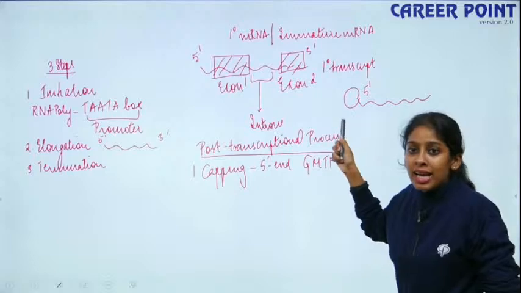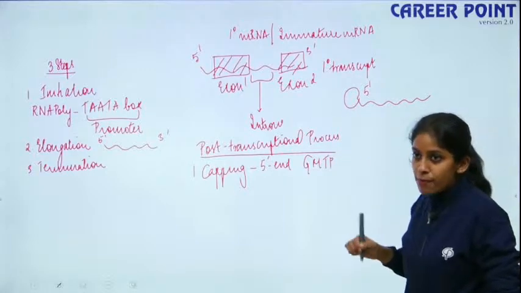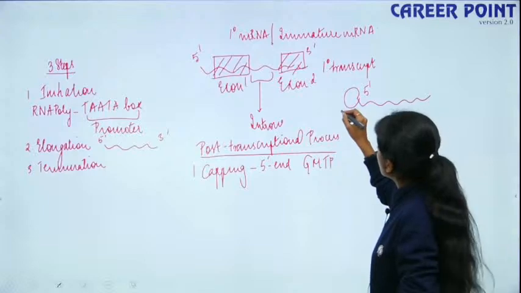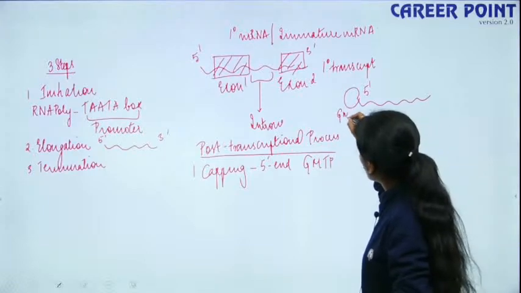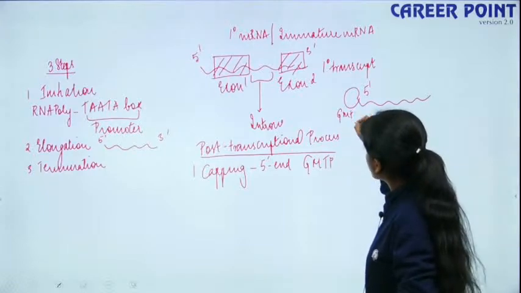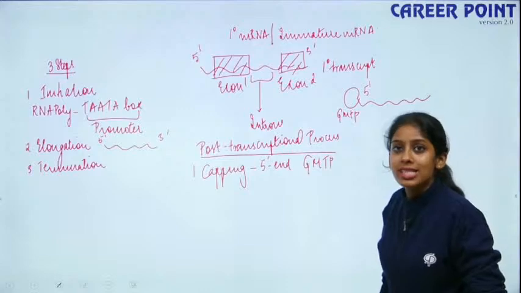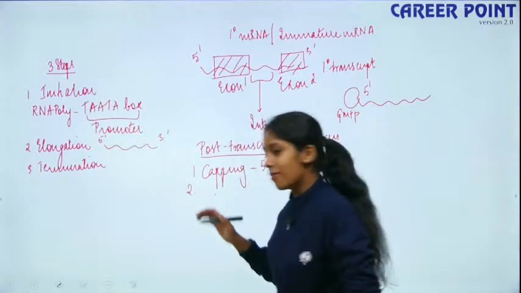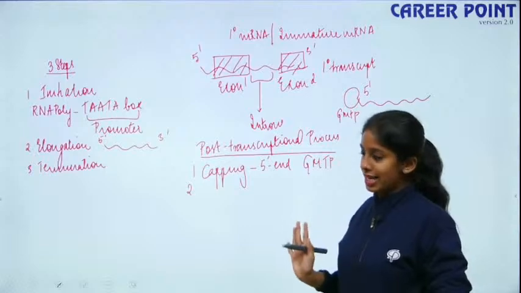When the degrading proteins look at this cap, they do not touch it. They do not disturb it. So this is capping, and now it is stable. Nothing will disturb it inside the nucleus.